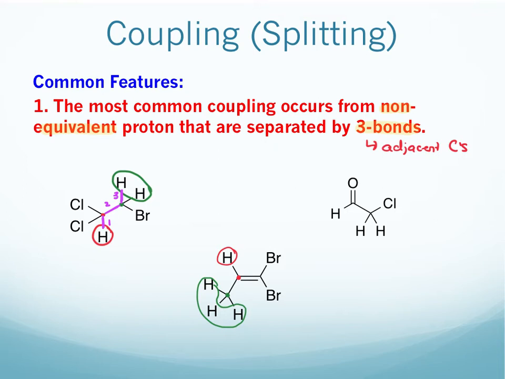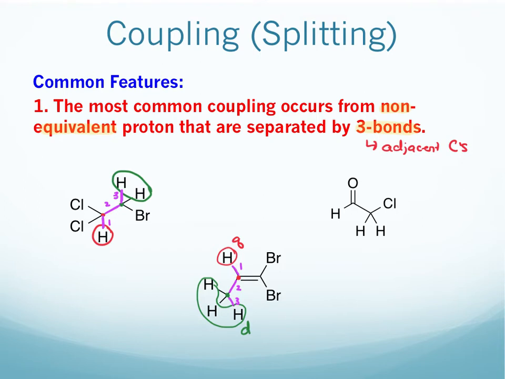And sure enough, if you count the bond separation, there's 1, 2, 3. And those are coupled. So this proton on the alkene will be split into a quartet because of the 3 on its neighbor. The green CH3 signal will be split into a doublet because of the alkene proton.